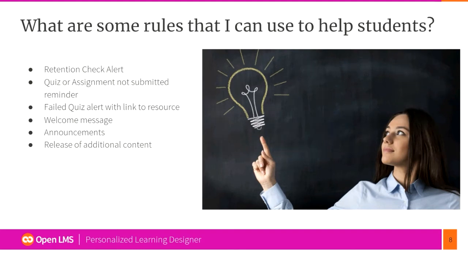Failed quiz alert with link to a resource. So again, with something like this, you might say the student didn't meet the passing grade, which you set up in the PLD. You might say the passing grade is 80 or 85%, but they get something lower than that. You might send an email or a pop-up message to that student saying, sorry to hear that you haven't received a passing grade in this.